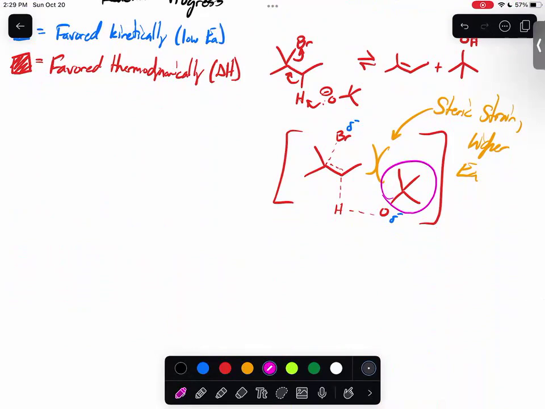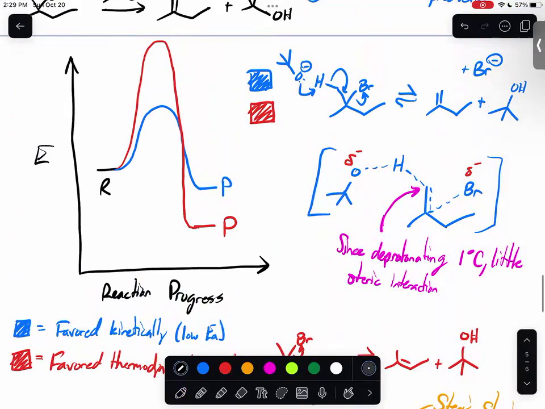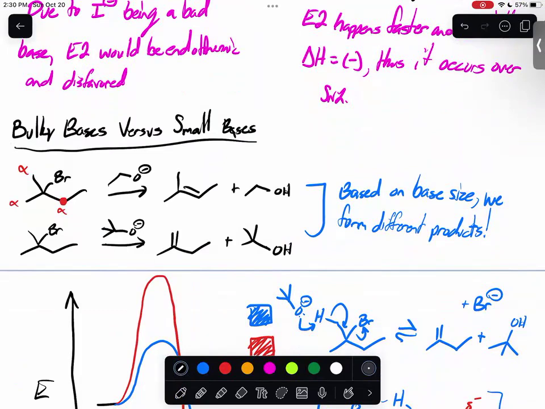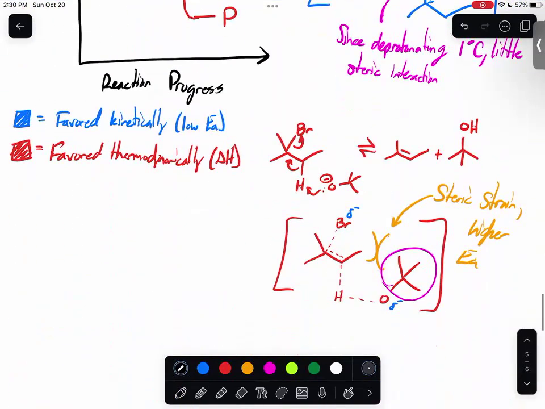So what this does is it presents us with this idea that the base strength or the base size actually impacts which product distribution we're going to have, as we saw up here, right? Because those smaller bases, they have an easier time reaching those hydrogens without causing any steric strain, but the bigger bases have a bit bigger of a problem with reaching those hydrogens. And there's actually a name for both of these reactions as we have them drawn, and those are the Zaitsev and Hofmann products, right?